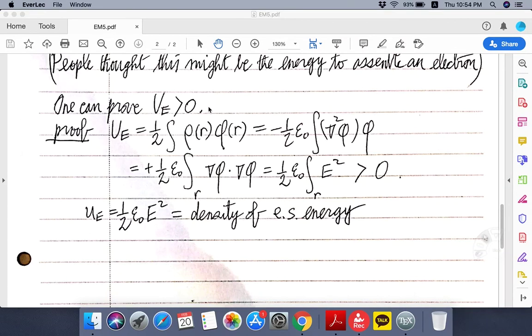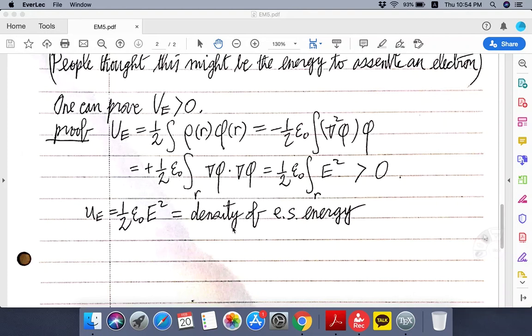And the other important finding from this simple exercise is that you can really think of this thing inside the integral, which is 1/2 dielectric constant times electric field squared, as the energy density. So by integrating the energy density over all space, you're obtaining the total electrostatic energy.